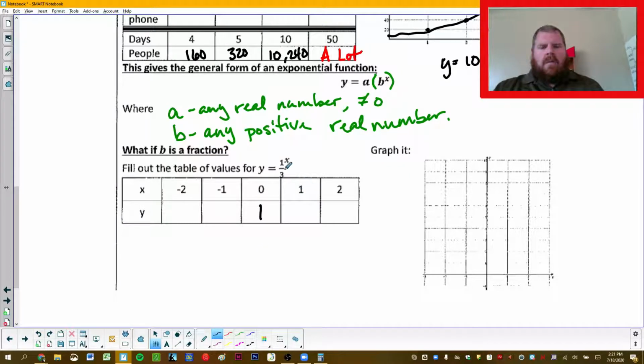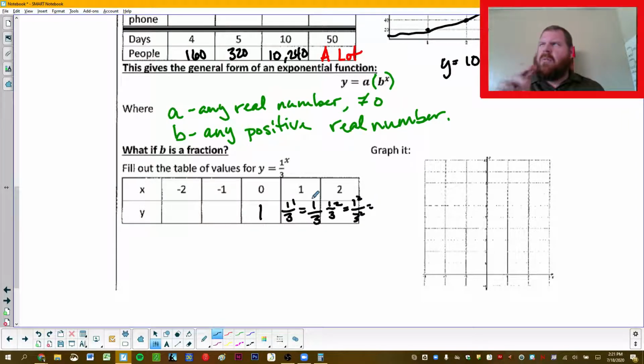1/3 to the first power. Anything to the first power is just the number that you wrote, so that's 1/3. And then 1/3 to the second power is 1 to the second power over 3 to the second power.